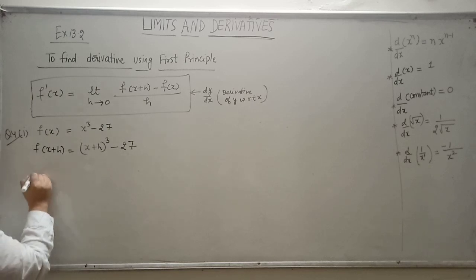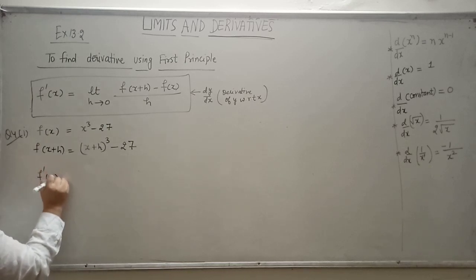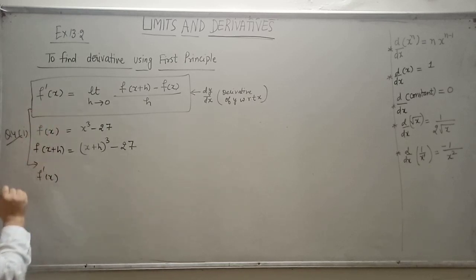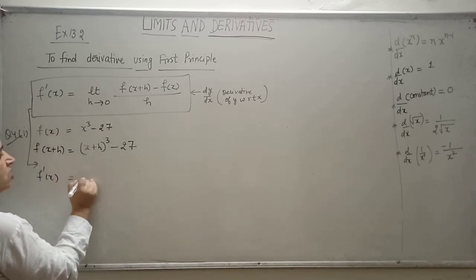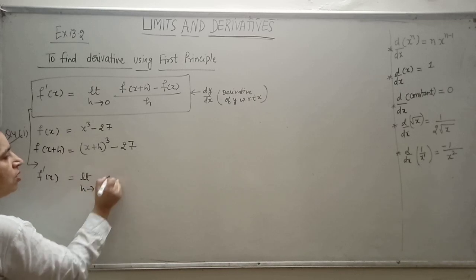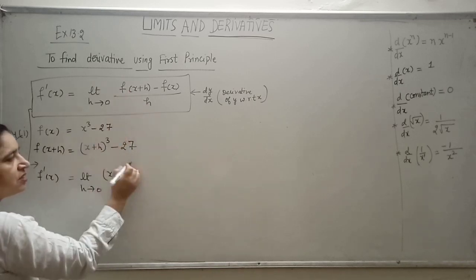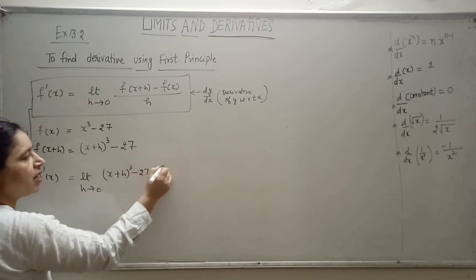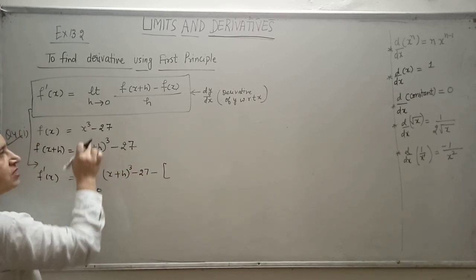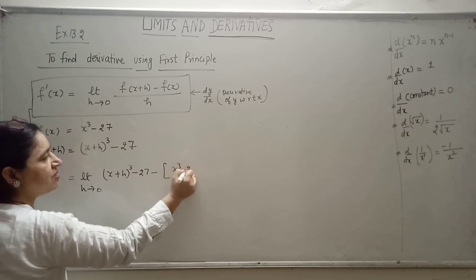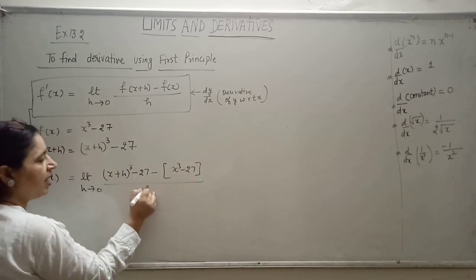Now f dash x, don't forget to write the formula, because the formula also carries marks in exams. So this is equal to limit h tends to 0. This is x plus h. What is the value of f(x plus h)? This is minus 27, then minus f(x), this is x cube minus 27, divided by h.